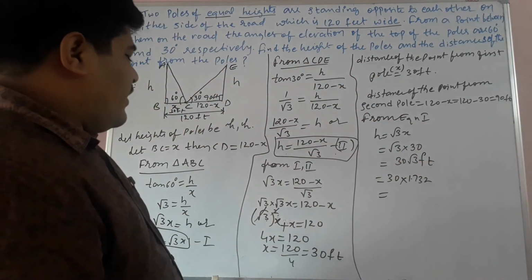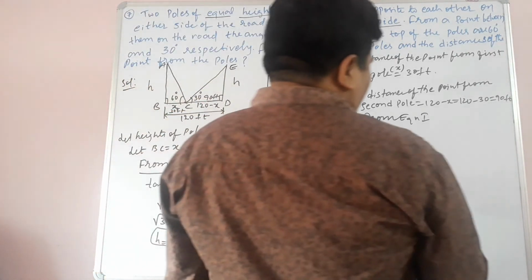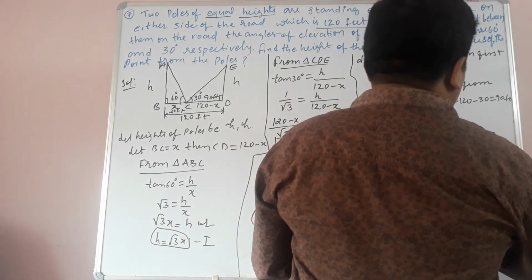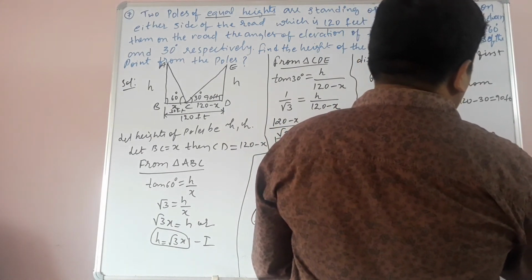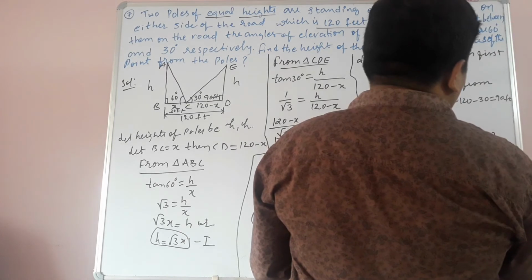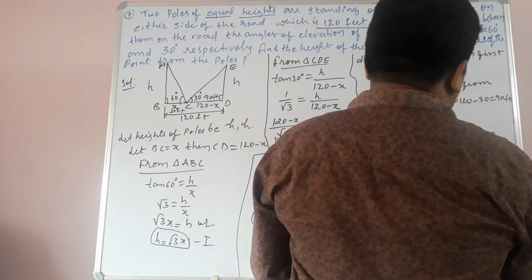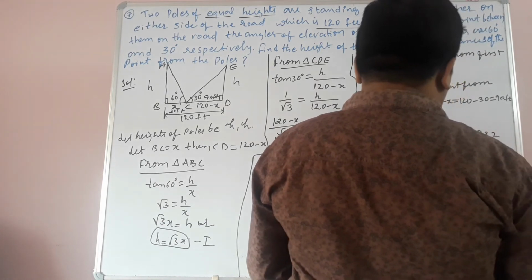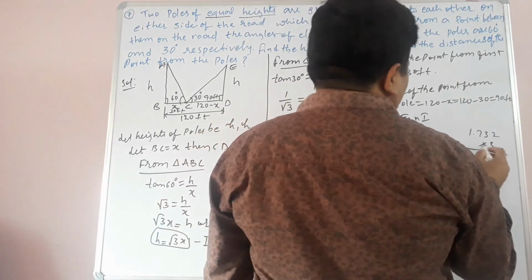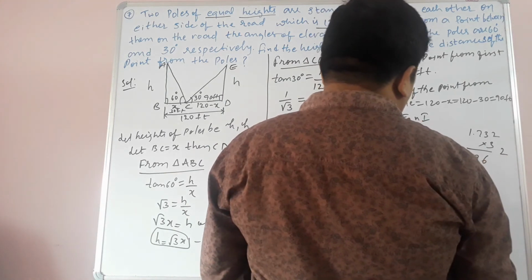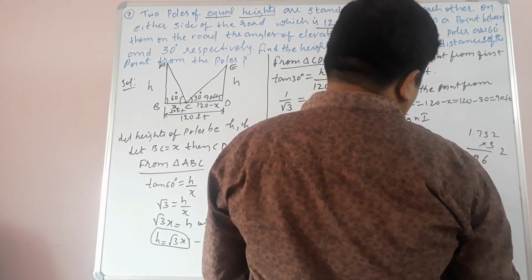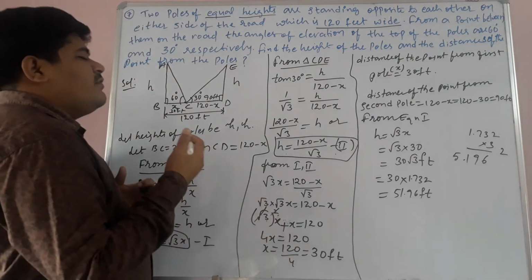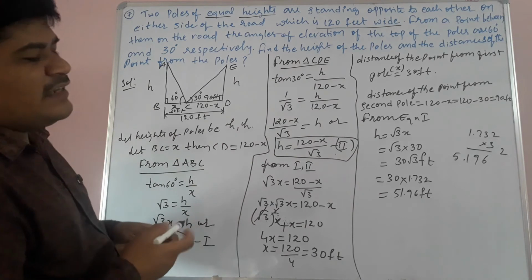So 30 into 1.732 gives 51.96 feet. In this way we get the height of the pole, that is 51.96 feet.